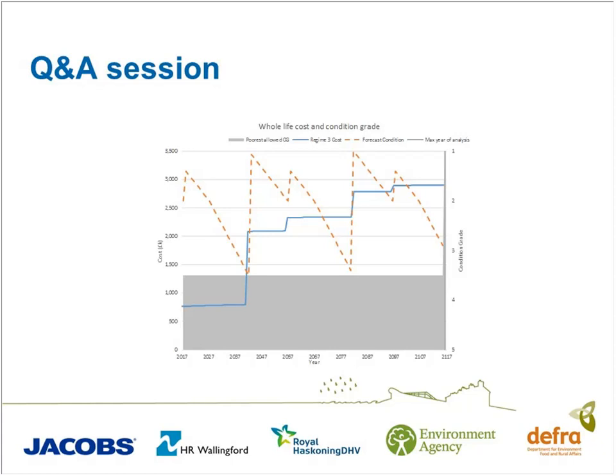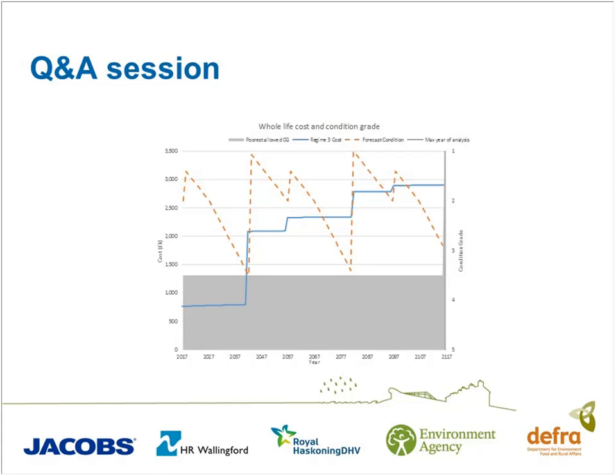Okay, that's a question from Andy Beverton: could you please elaborate a little on the main limitation of the whole life cost tool, condition grade orientated, that was mentioned in situations where another approach may be required? Are there plans to address this? The limitation here is that we're really thinking about the condition of the asset, and we're not thinking about the reasons for maintaining the asset in a particular condition grade.